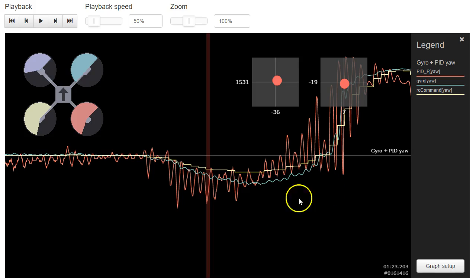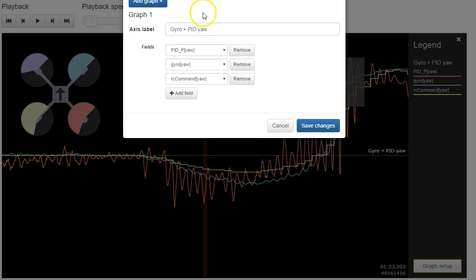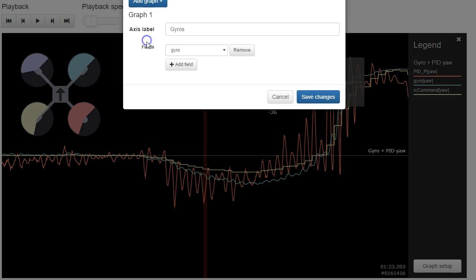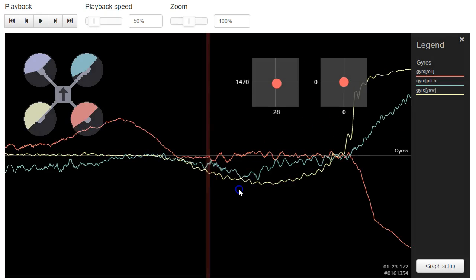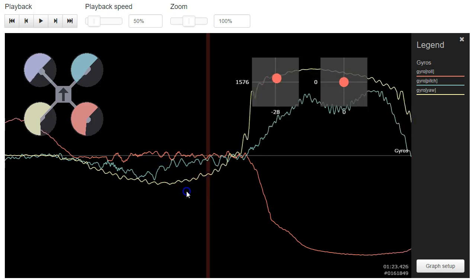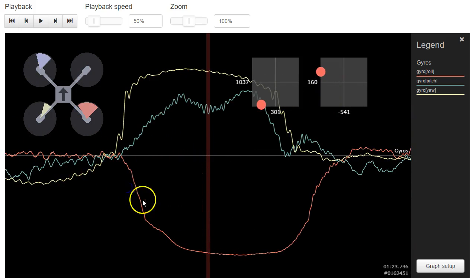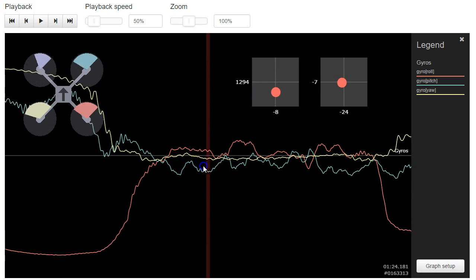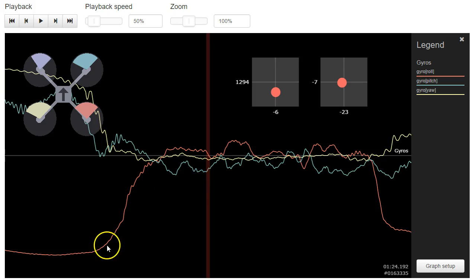The good news is you don't need to try and solve this problem with pitch and roll D or P gain, because if we look at your gyros, we can see that roll is just smooth as glass and pitch is pretty smooth. This shudder you're seeing is almost certainly in the yaw gyro, in the yaw axis. So focus on tuning the yaw axis would be my recommendation.